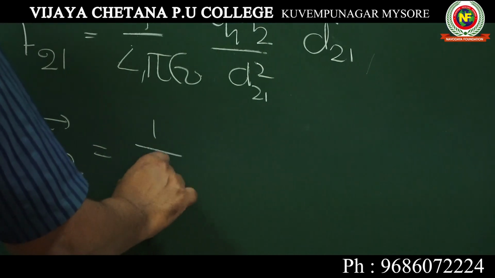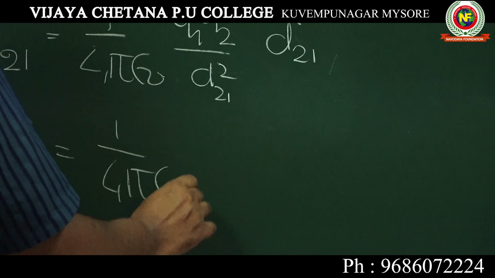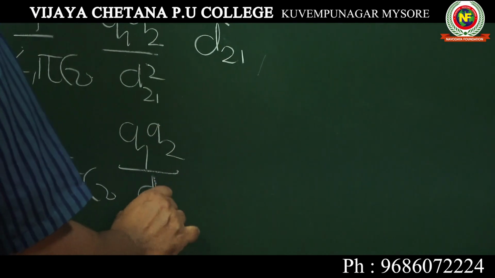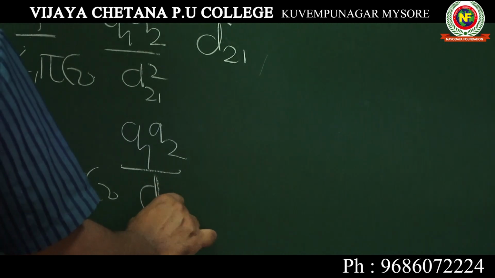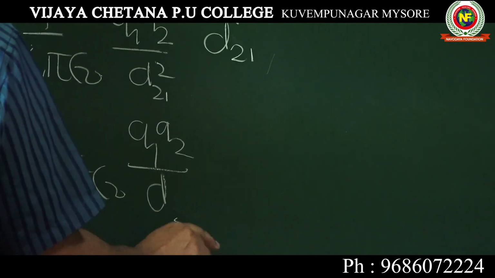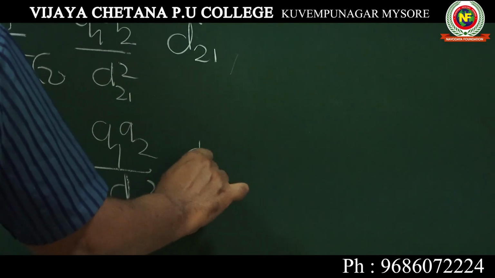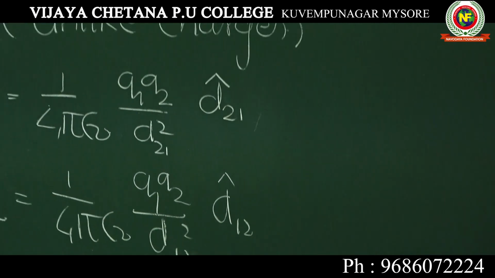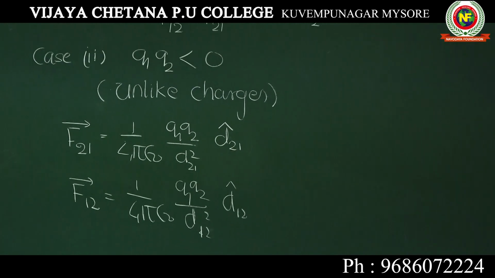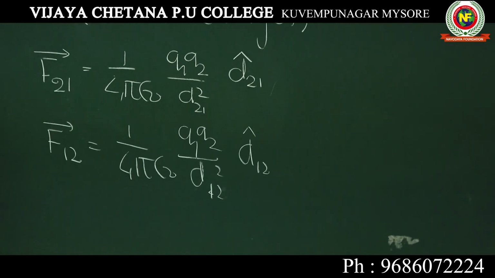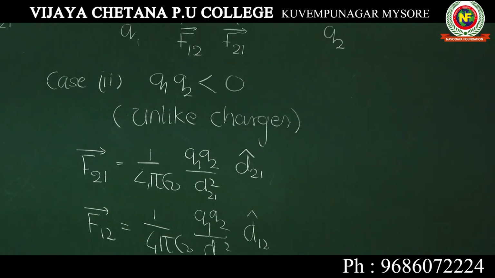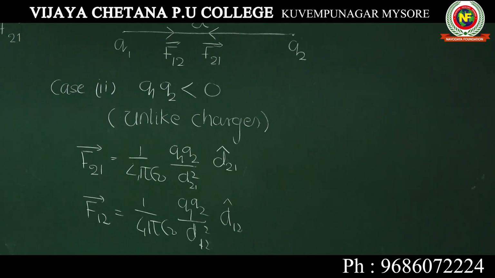F12 is 1 by 4 pi epsilon naught Q1 Q2 by D12 square D12 cap. Okay. F21 is from 2 to 1, therefore D21 I have written. But this is from 1 to 2, that's why I have written 12. I think you are understanding this.